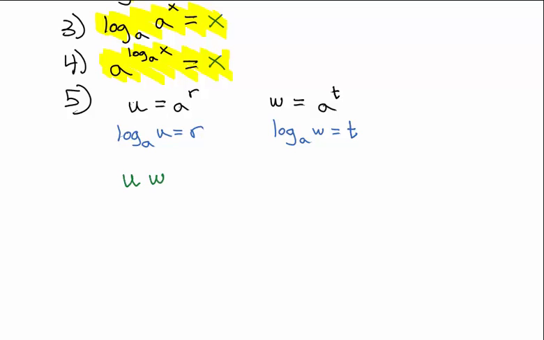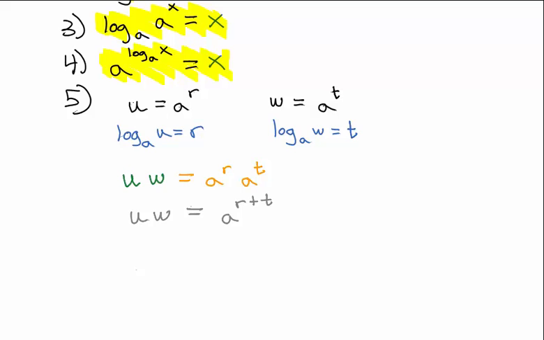Now, u times w is essentially saying a to the r times a to the t. And what we know about exponents is we can add exponents r plus t together. So u times w is equal to a to the r plus t.